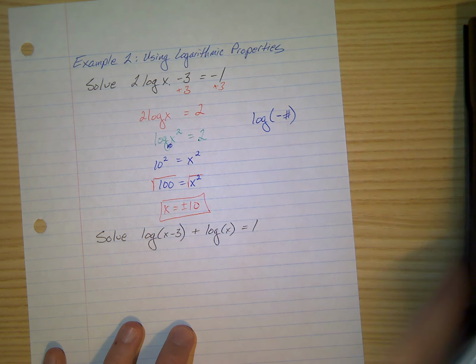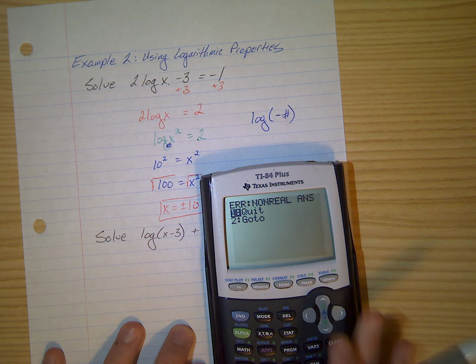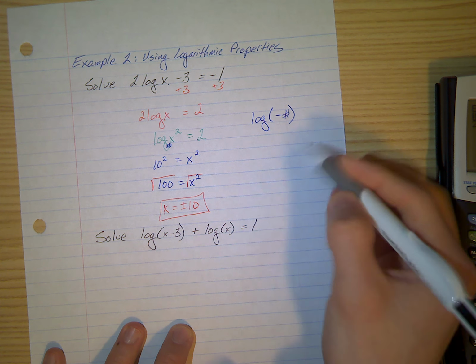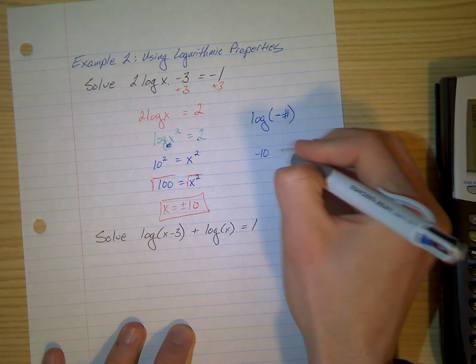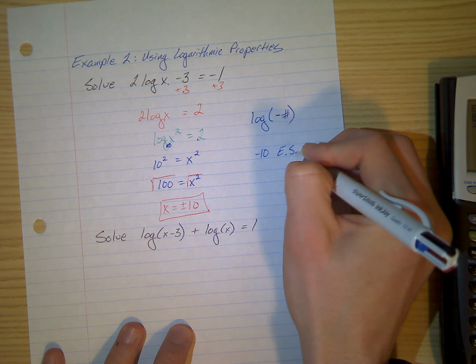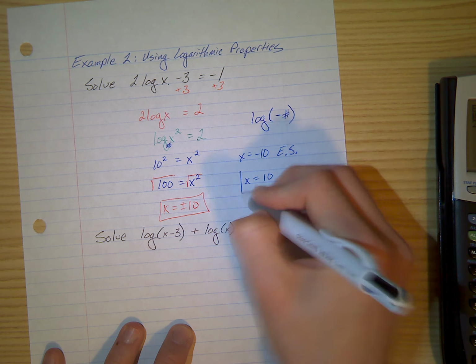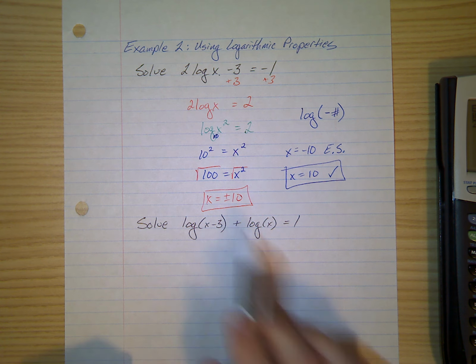It doesn't work. If we try to do the log of negative 10, you get a non-real answer. You get a domain error. So this negative 10 is actually an extraneous solution, meaning that x equals 10 is the only one that does work. So just be careful with that.